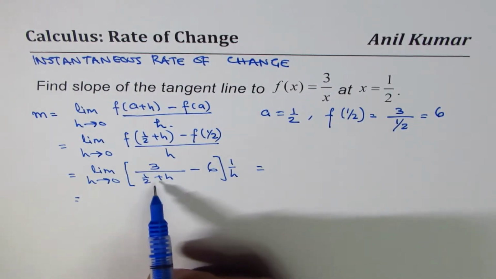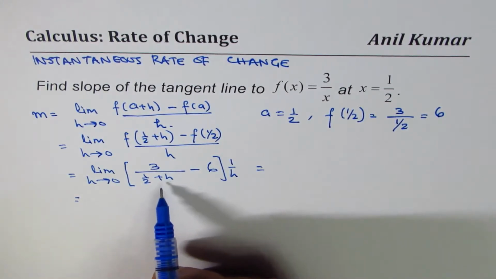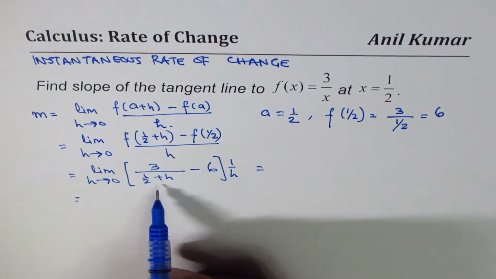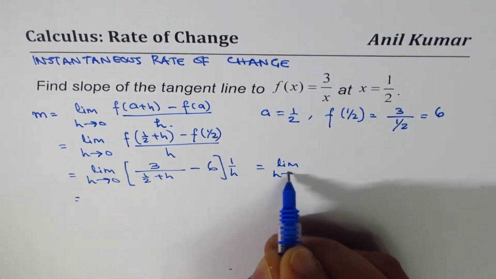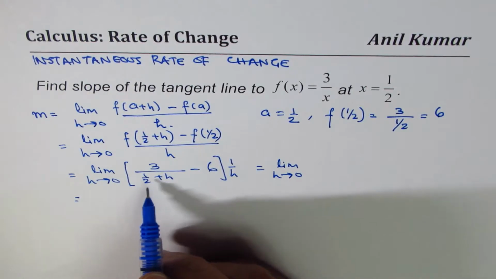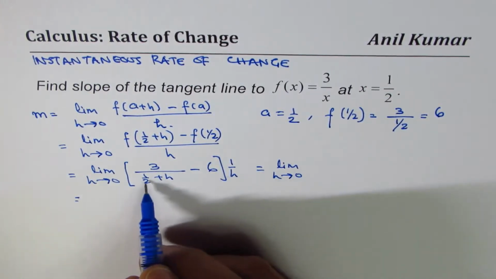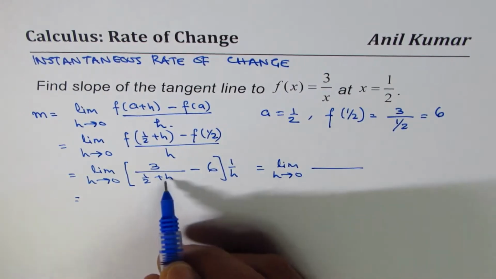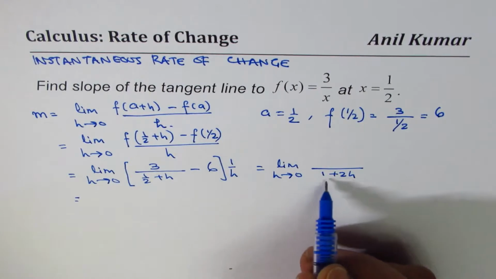We could take the common denominator and simplify this a bit, right? This is what I think is better. So we could write this as the limit as h approaches 0. First, I could write this denominator as 1 plus 2h, divided by 2.